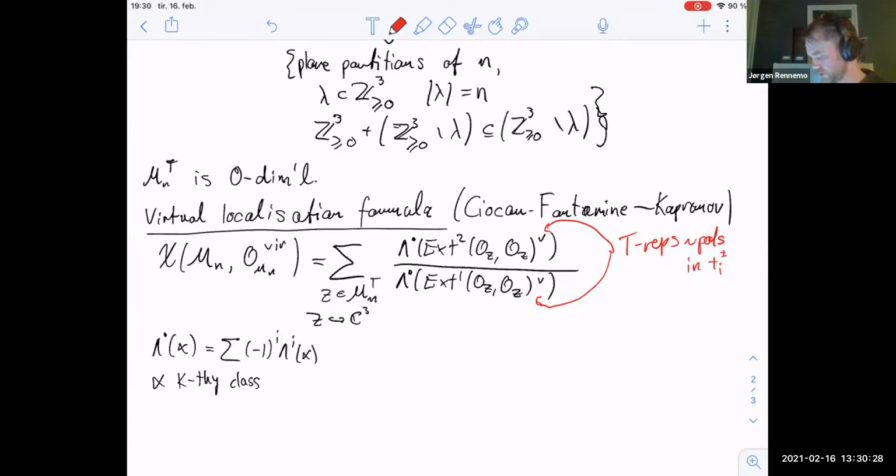So they're Laurent polynomials in the parameters of the torus. The upshot is that I take some polynomial, apply this operation to it, and I get this fraction. This fraction in the end is going to be an element, some rational function.